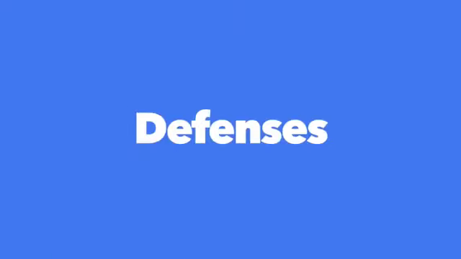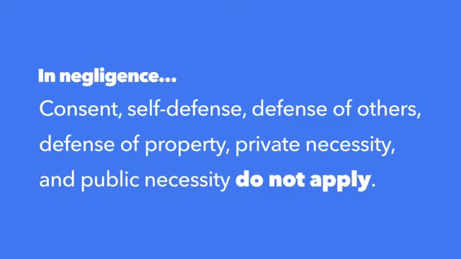It's also important to note that intentional torts and negligence are subject to distinct defenses. The various privileges for intentional torts, consent, self-defense, defense of others, defense of property, private necessity, and public necessity, do not apply to negligence liability.